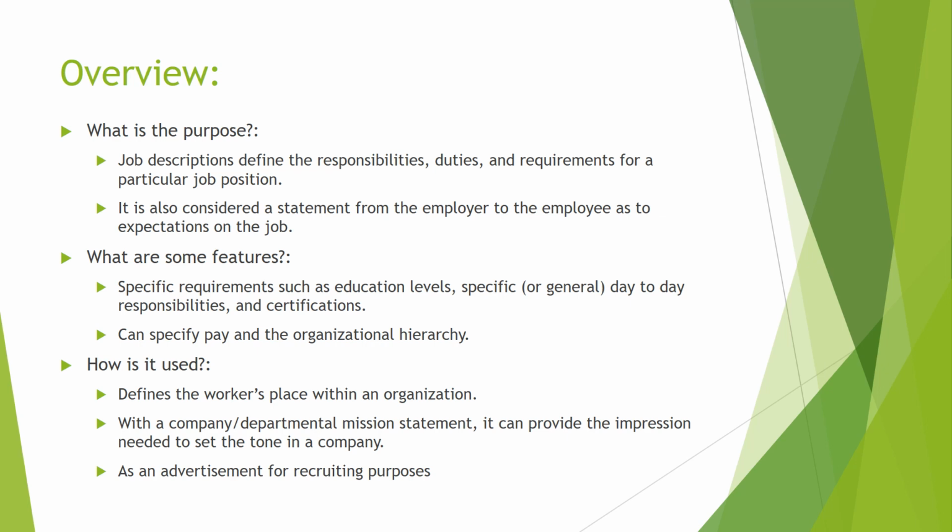For example, knowing who your customer is and how we expect you to treat your customers, whether you're in a healthcare setting or you're taking care of people at the driver's license office. They can also be used as an advertisement for recruiting purposes, and they can be a little bit shorter for that purpose or just as lengthy depending on exactly what the requirements are.